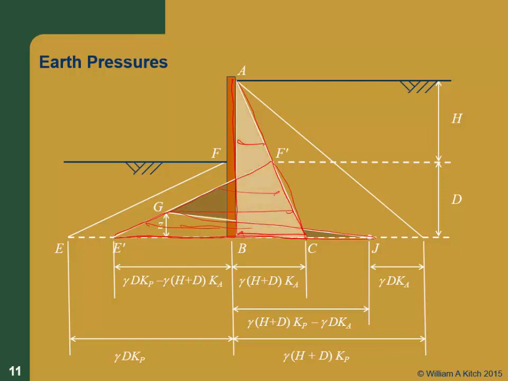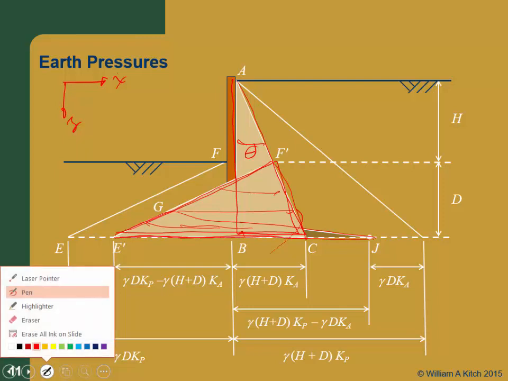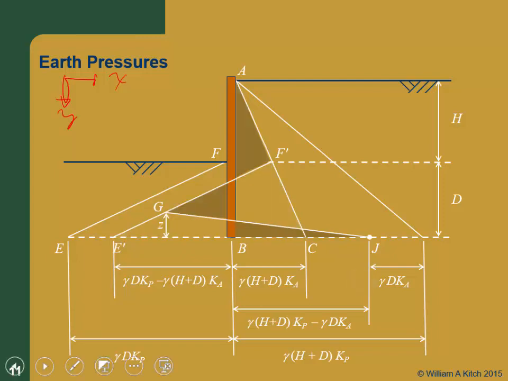So I'm taking ABC. If you want to think about this, I'm actually going to call this minus. If I call this X, call this Y, this will be negative. Then I'm going to take this whole triangle here. I'm going to call this X, I'm going to call this Y. So this one's going to be positive. This one's going to be negative.